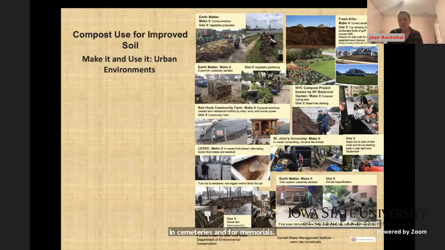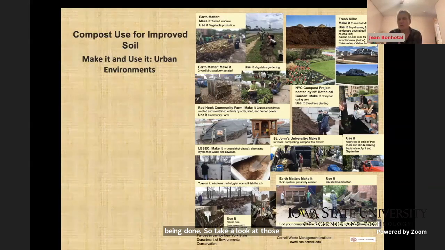So that's another one that's going to be coming up in the next couple months. But they give you ideas of how to use it and what's being done. So take a look at those. Feel free to use them at festivals to encourage people to use compost.